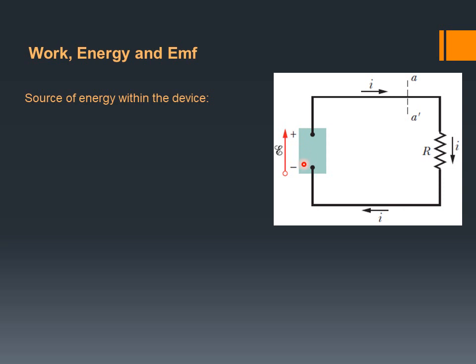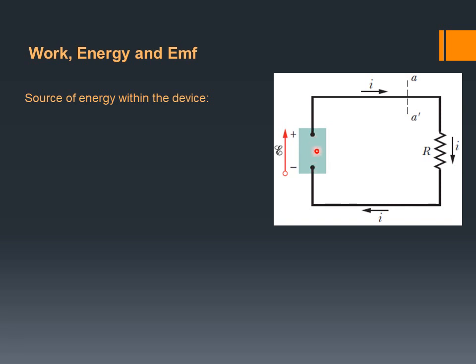What does a water pump, for example, do? The water pump lifts the water from underground, which is very low potential, to the surface of the ground, which is higher potential. So this source of EMF lifts the electrons from low potential to higher potential. In other words, it does work on the electrons.